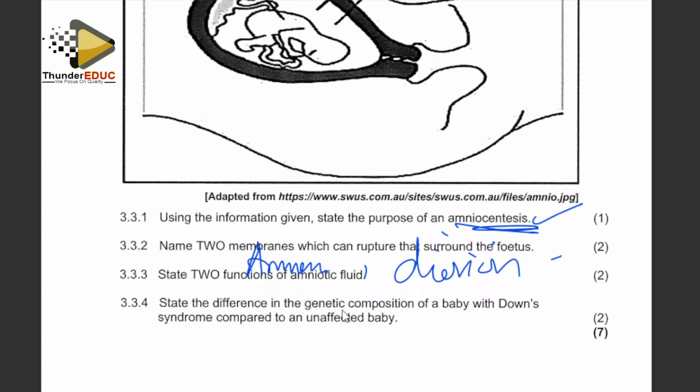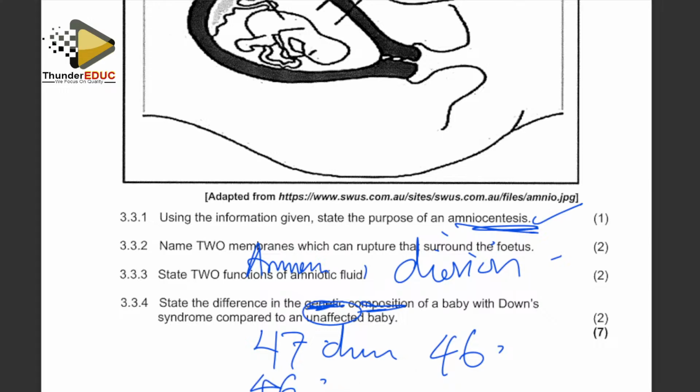State the difference between the genetic composition of the baby with Down syndrome compared to an unaffected baby. Here we want to see the genetic composition, meaning the chromosomes. The one with Down syndrome will have 47 chromosomes instead of 46, while the unaffected one will have 46 chromosomes.